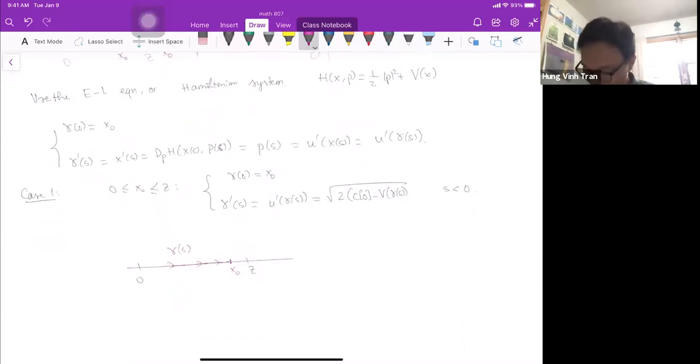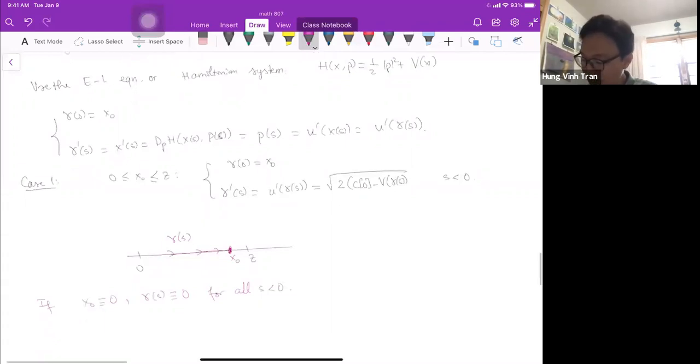If x naught equals 0, then your calibrated curve is nothing but a stationary point, which is just 0 for all s, right? So it just sits there exactly at that point. And if your point x naught is greater than 0, then your calibrated curve is increasing up to x naught, and up to that point, right?